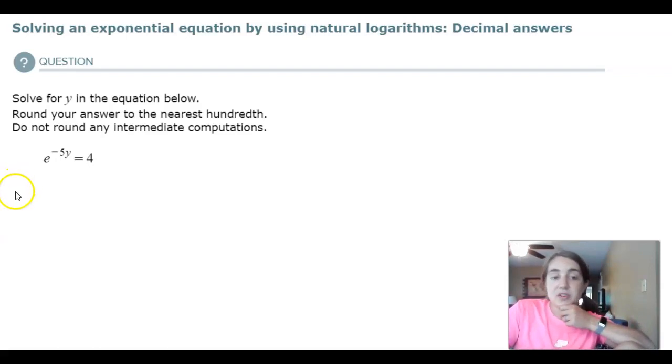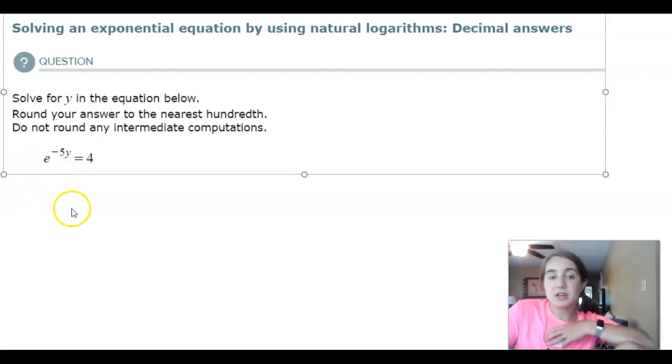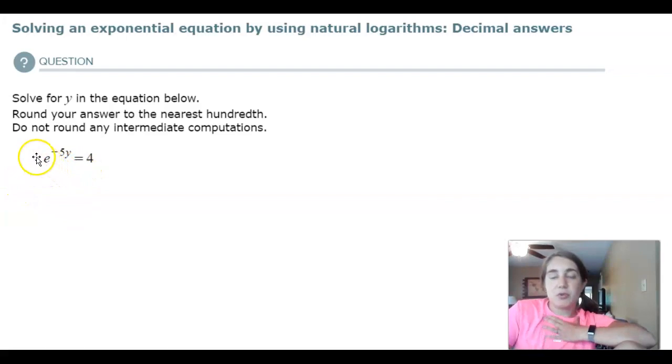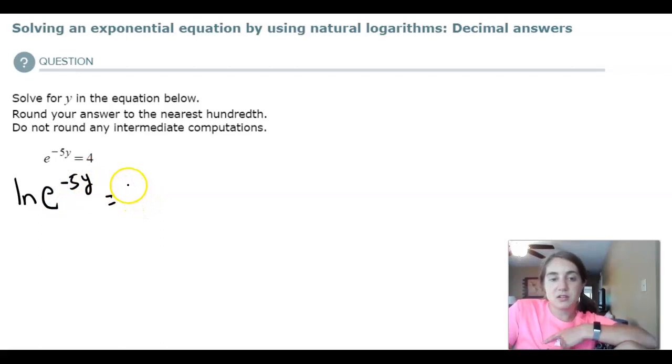Similar to what we've done, e and 4 cannot be written as the same base, but instead of taking the log of both sides, I'm going to take the ln of both sides. Then I can bring that to the front.